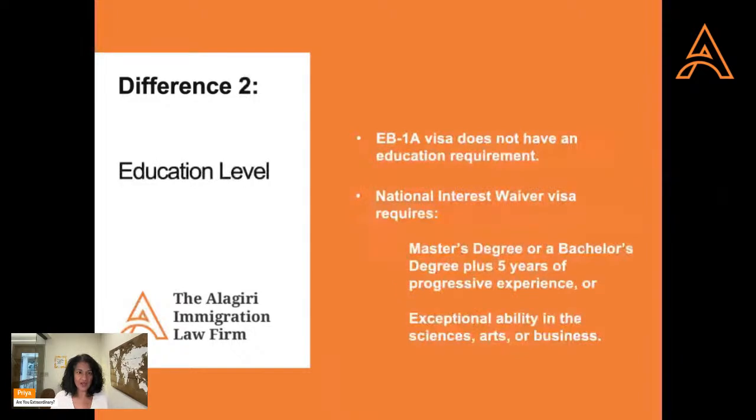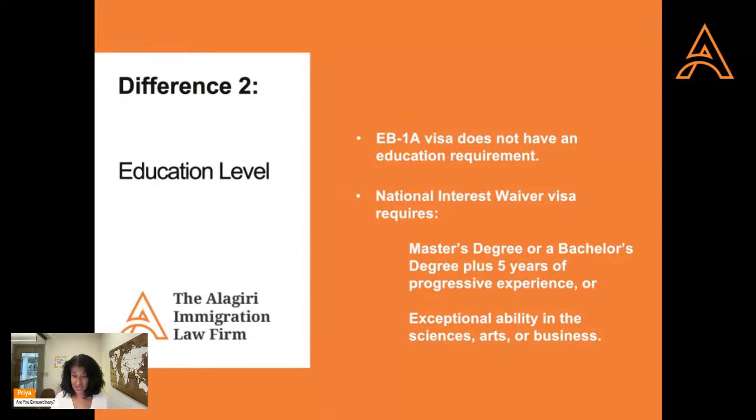Let's move the slide. Okay, education level. Very important to know, the EB1A visa does not require a minimum education level. So there's no requirement at all. But the national interest waiver does.